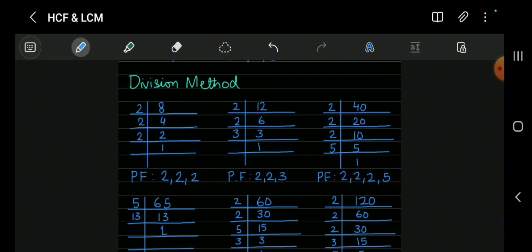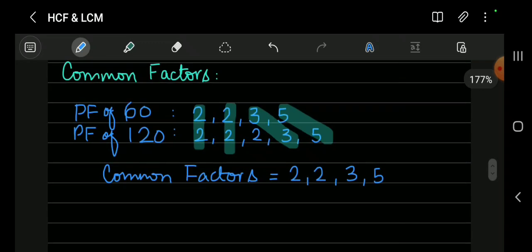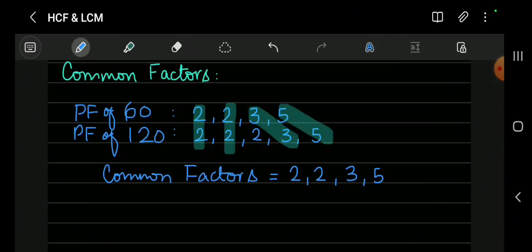Let's take an example of number 12 and 40. If they ask you what are the common factors of 12 and 40.